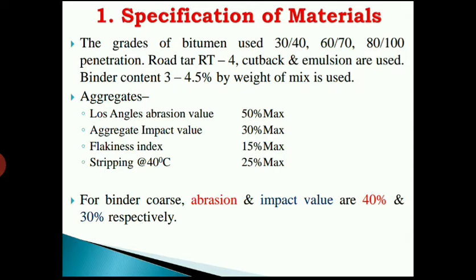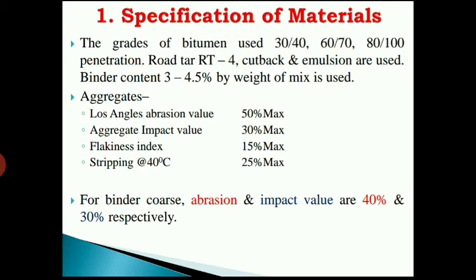So depending upon the penetration value, these grades of the bitumen get decided. So we need to select the materials such that the bituminous grade is 30 by 40, 60 by 70 or 80 by 100. Among these three, any grade can be chosen depending upon the requirement.